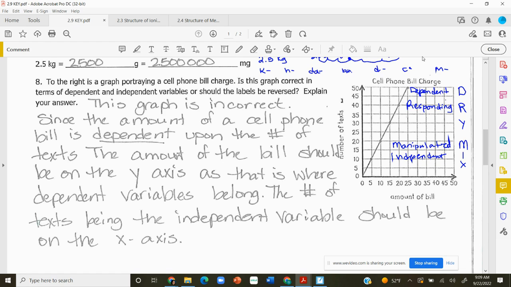But it used to be that the amount of your bill was determined by how many texts you made. So the amount of the bill depends on the text. These axes should be reversed because this is your dependent variable in this case, and your independent or manipulated variable is here. You do this, this responds. Does it make sense which axis this should be on then as well?